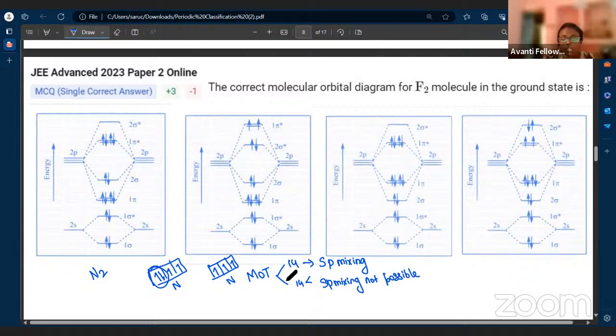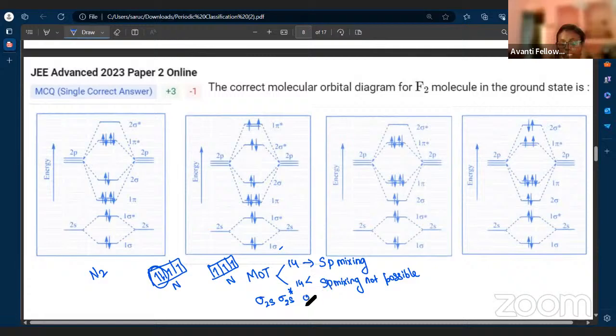So what will be the configuration for greater than 14? We know sigma star for the 1s and 2s. I'm just writing for the pi orbital alone. So it is going to be sigma 2s star, and here sp mixing is not possible. It means that after the sigma, the pi orbital will not come.